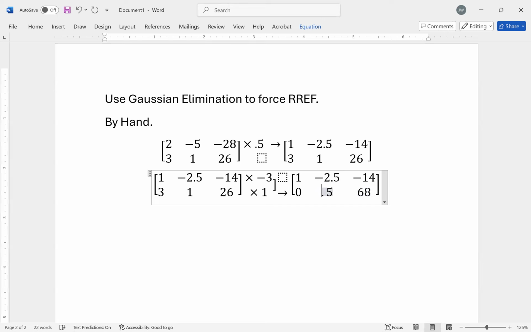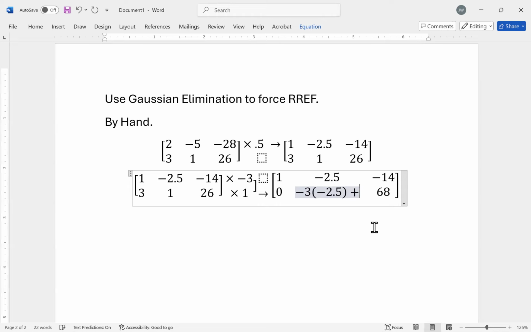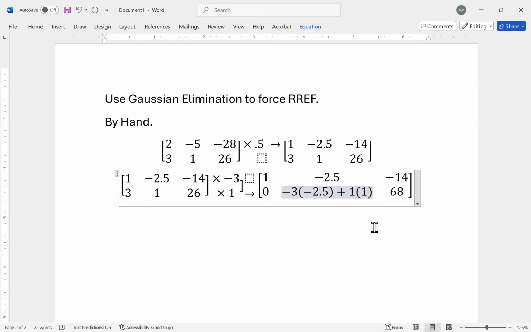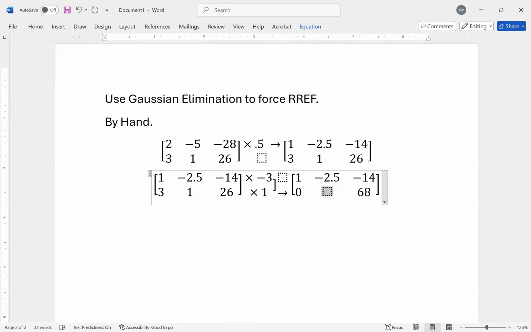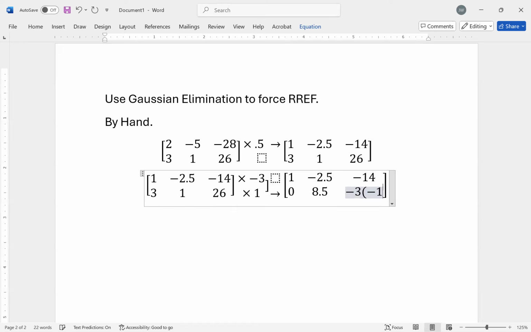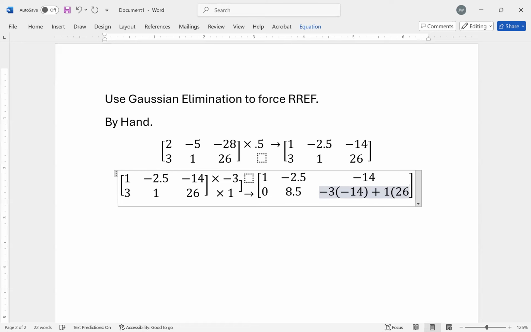Let me write down an intermediate step. We're taking negative 3 times negative 2.5, and then I'm adding 1 times 1, and that's where I'm getting the 8.5. And then 68 is coming from negative 3 times negative 14 plus 1 times 26.